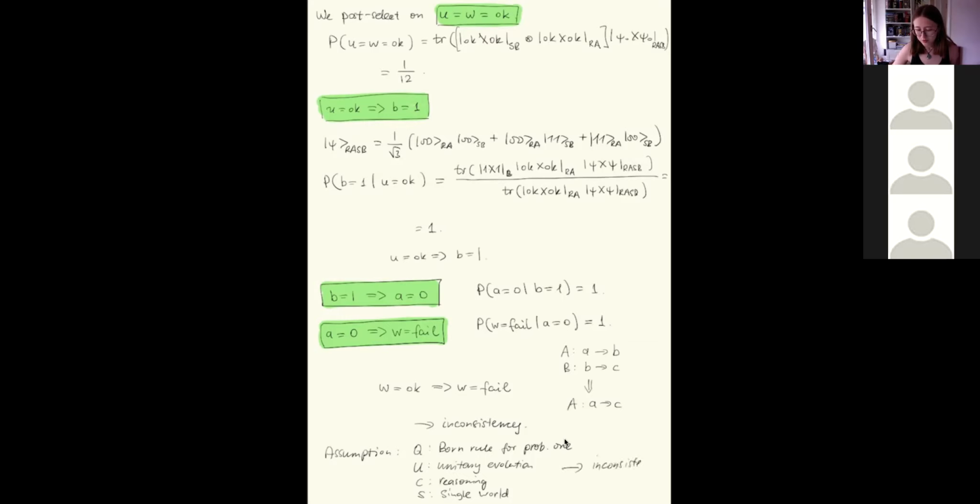And then one can also look at different interpretations of quantum theory, and see in which interpretation which assumption goes wrong.